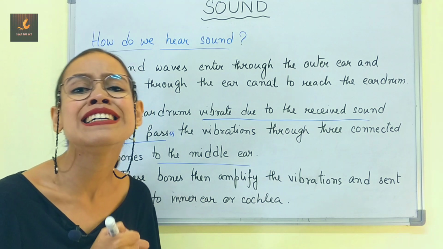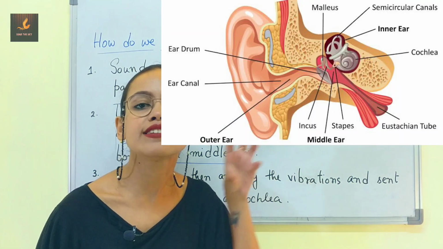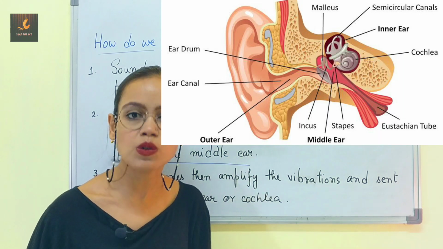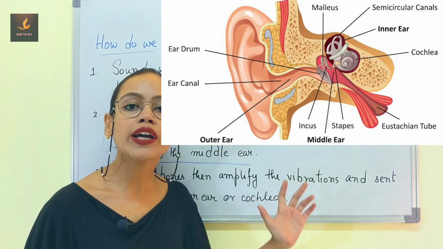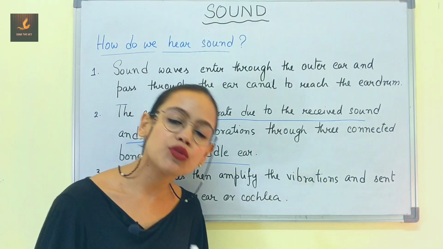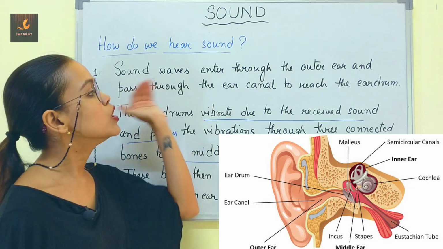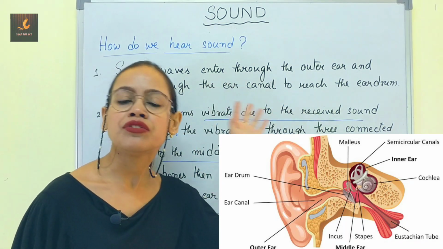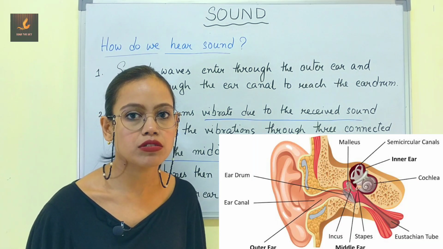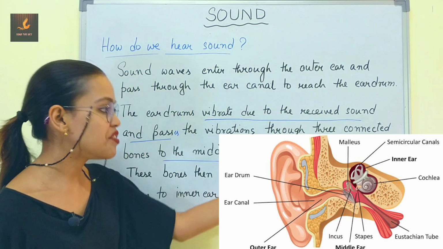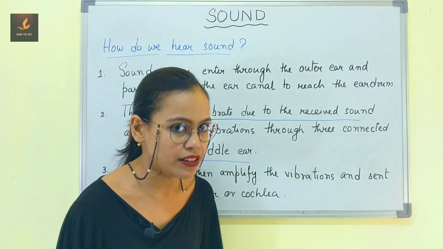So the ear is divided into three parts. There is an outer ear, there is a middle ear, and there is also an inner ear, as you can see in this diagram. So sound enters through the outer ear, passes through the ear canal to reach the eardrum. Then the eardrum, after receiving this vibration, passes it through the three connected bones to the middle ear.